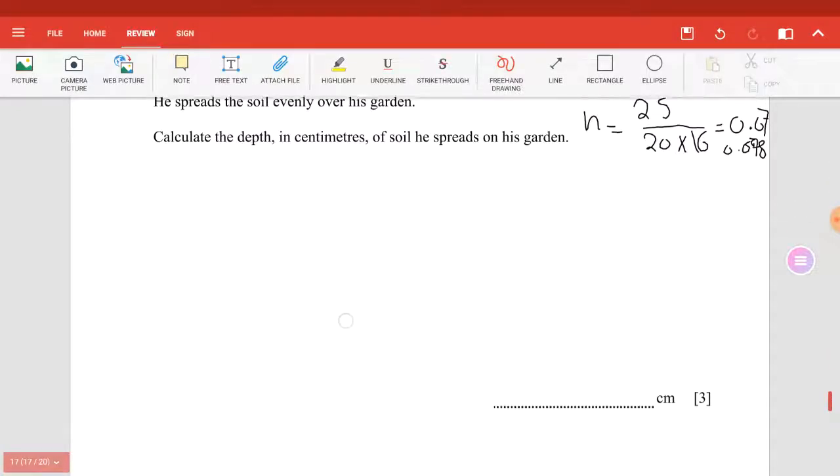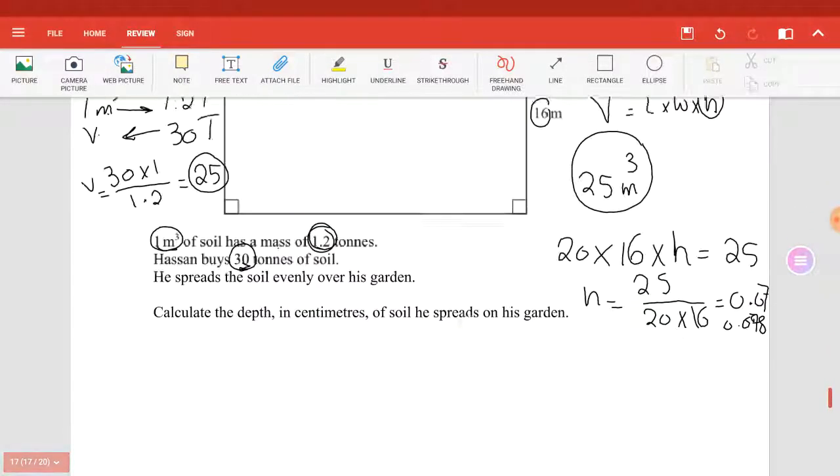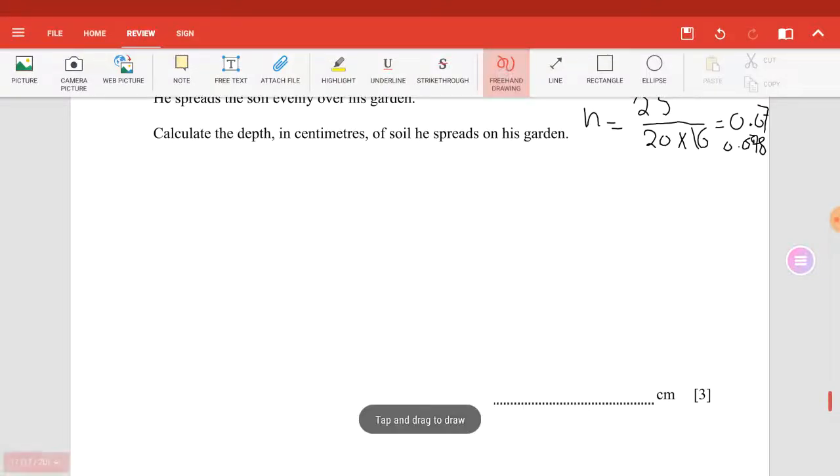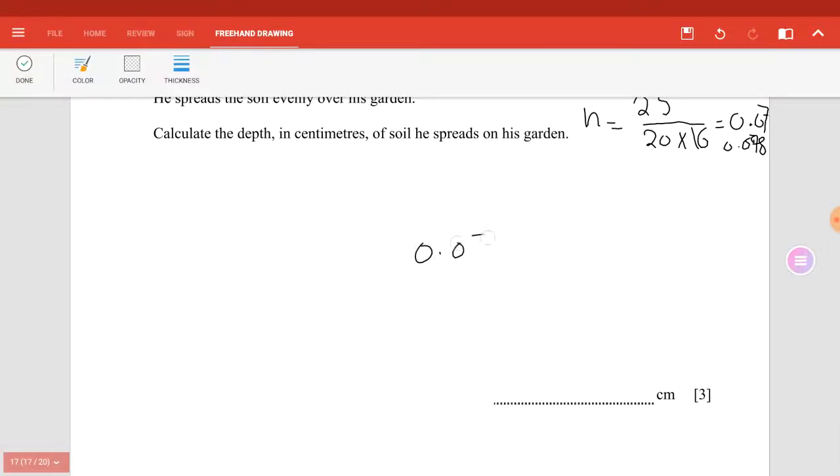But he needs the answer in centimeters. 0.078 meters to centimeters, it will be multiplied by 100. 7.8 centimeters.